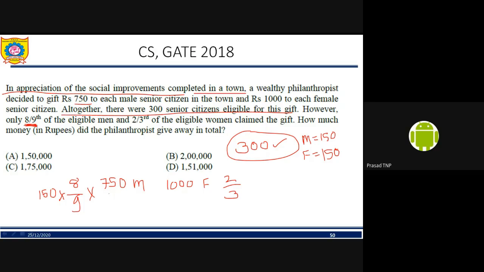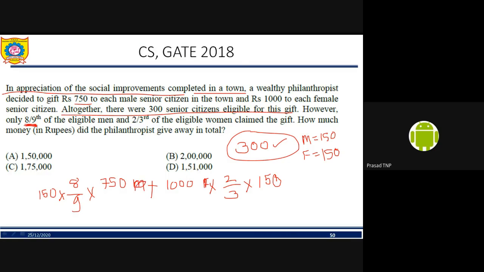So we will multiply 150 into 8 by 9 into 750 plus 1000 is the rupees for the female. So 1000 into 2 by 3 into 150. So 150, these are total female. So if you compute this one, then you will get the answer.